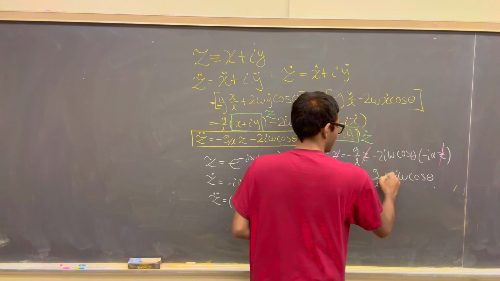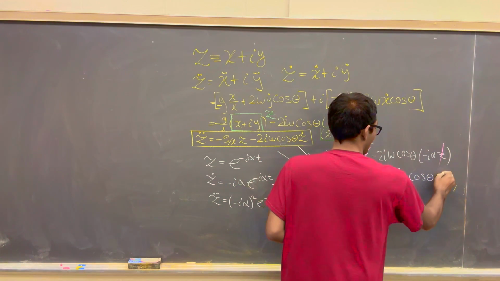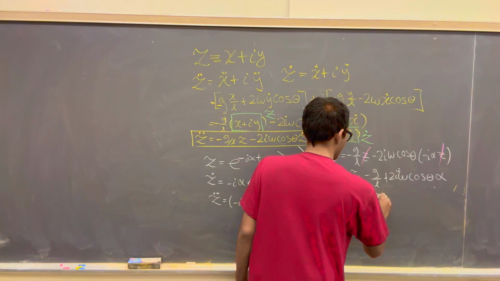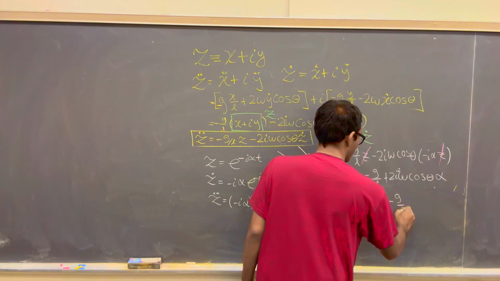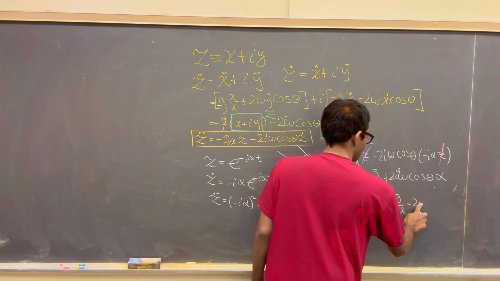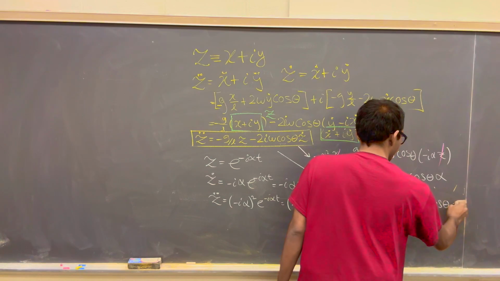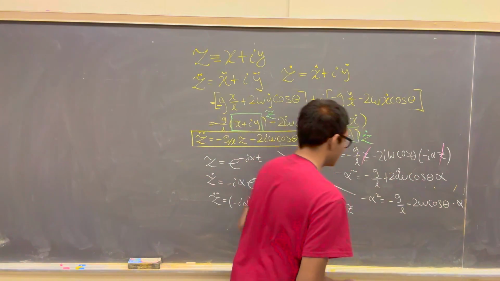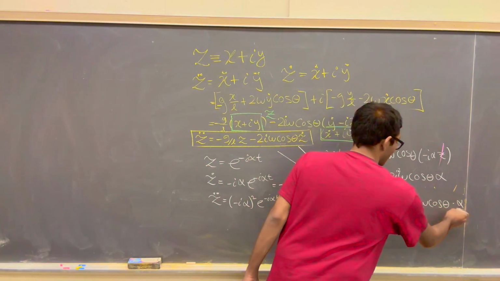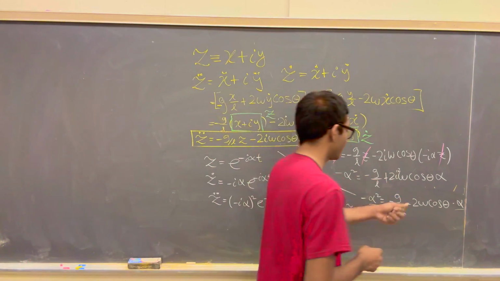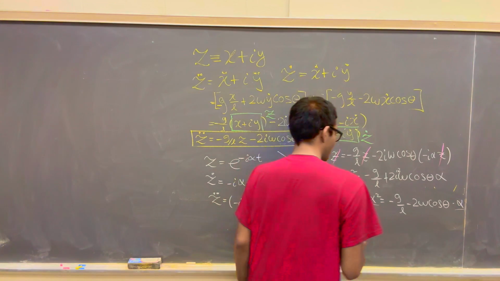Now minus minus makes plus, and I've got two factors of i, and I've got an alpha. So that gives me minus alpha squared is minus g over L minus 2 omega cosine theta times alpha. If you take a look at this, we've got an alpha squared here and an alpha here, these two powers of alpha hint there's probably a quadratic equation going on here.